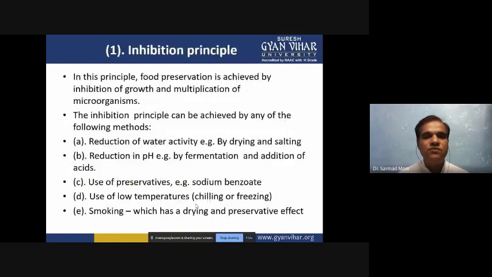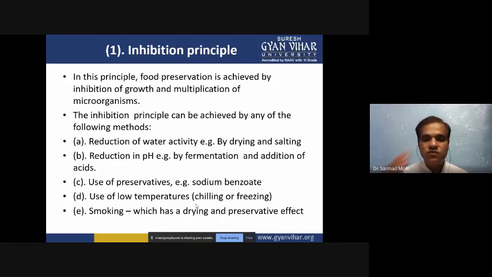The inhibition principle of food preservation: food preservation is achieved by the inhibition of growth and multiplication of the microorganism. So growth and multiplication of microorganisms we will inhibit, and automatically we can preserve the food for a longer duration. We can achieve this by reducing the water content of the food.